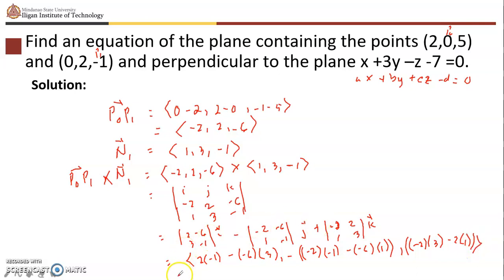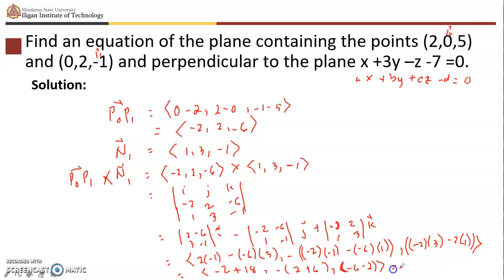Okay, so that should result into negative 2. This is plus, that becomes plus 18. This is negative, the negative of this negative 2, that's plus 2. So I have 2, then this is minus with minus, so that becomes plus 6. And then this is negative 2 times 3, that's negative 6. Also the parenthesis. Negative 6 minus 2.